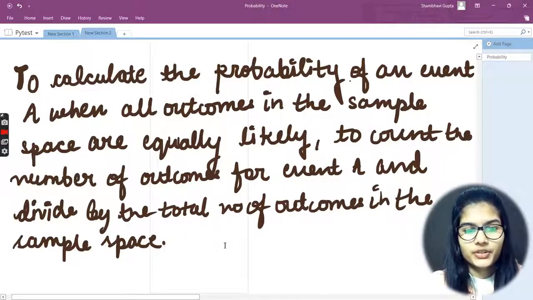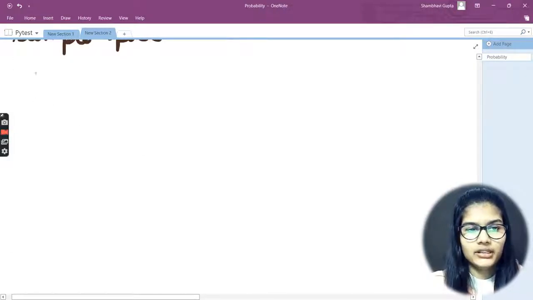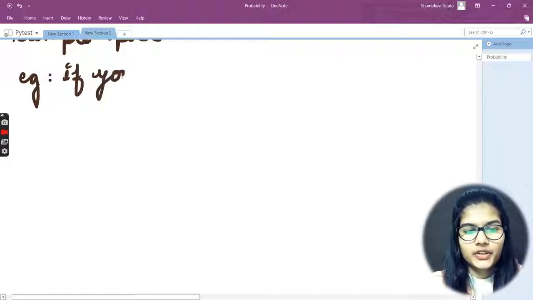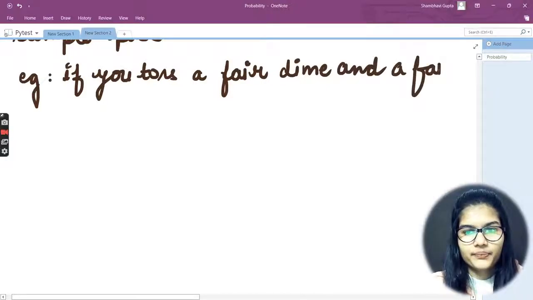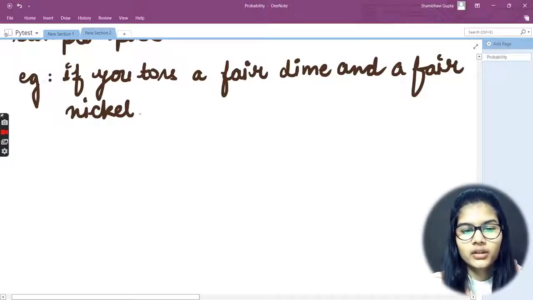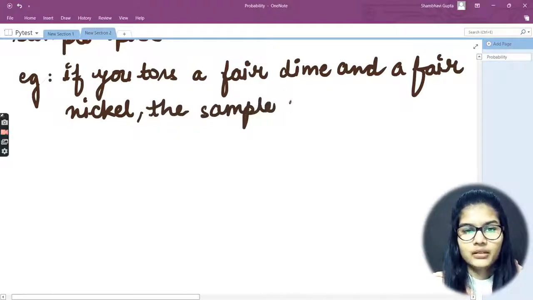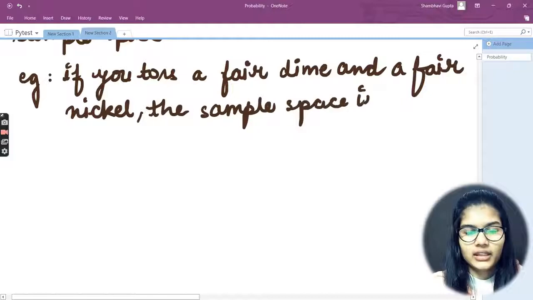Let me just get down from this particular place. Fine. So my example goes like this: if you toss a fair dime and a fair nickel, what's my sample space?